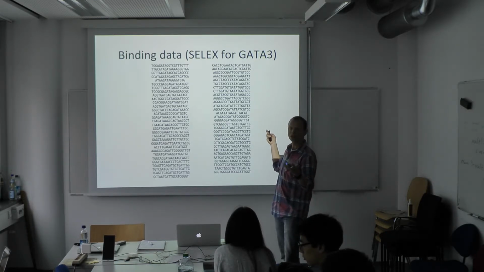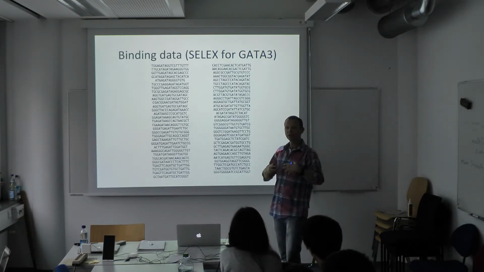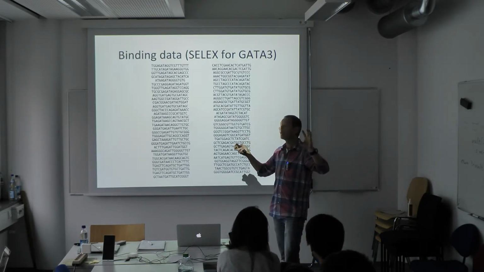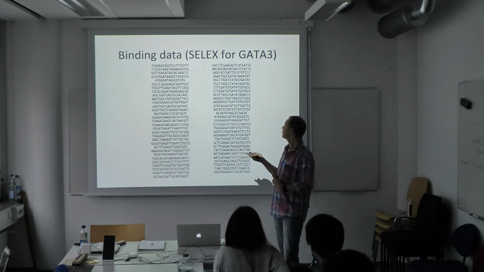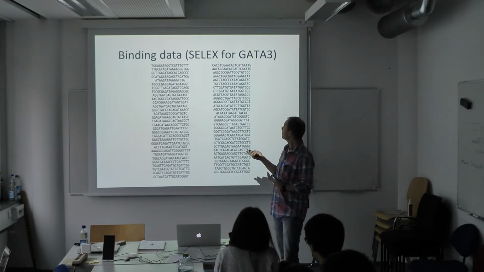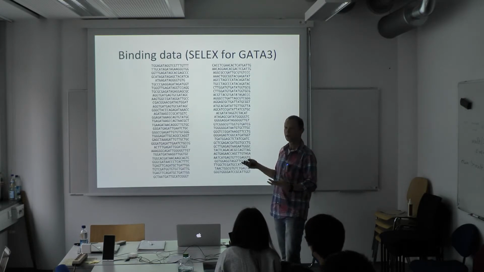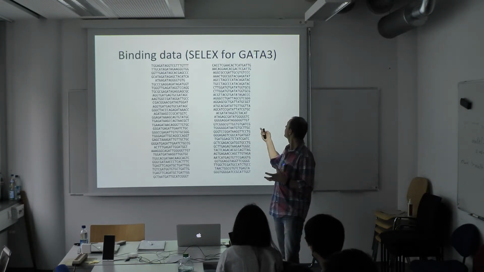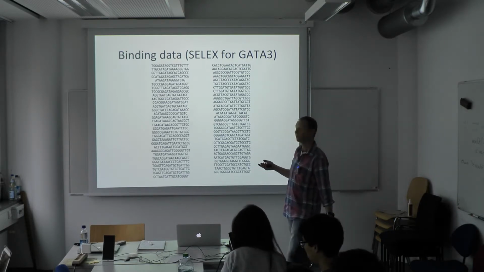In this case, GATA3 is the transcription factor, and SELEX will generate lots of random nucleotide sequences, and then identify a subset of them which bind to this transcription factor. So here's a bunch of them from one experiment, and our task would be to identify what's common amongst all of these, because they all bind to that transcription factor. But clearly they're not identical, so there must be more to it.